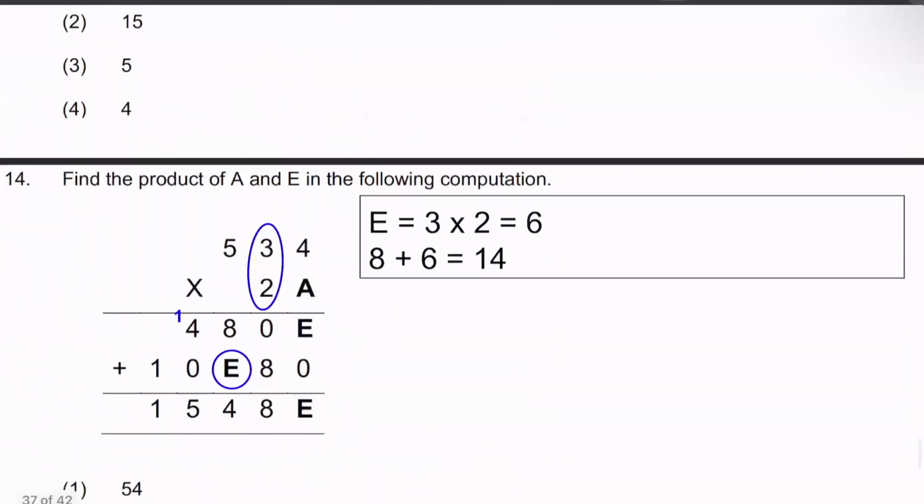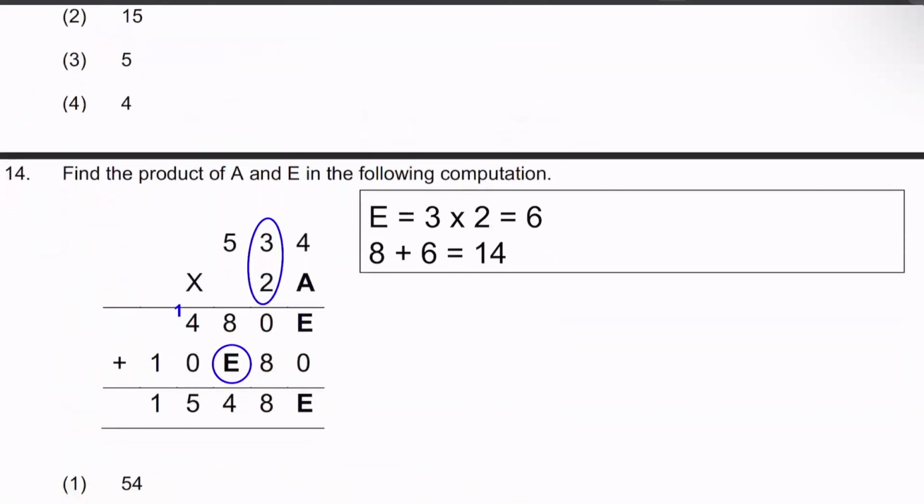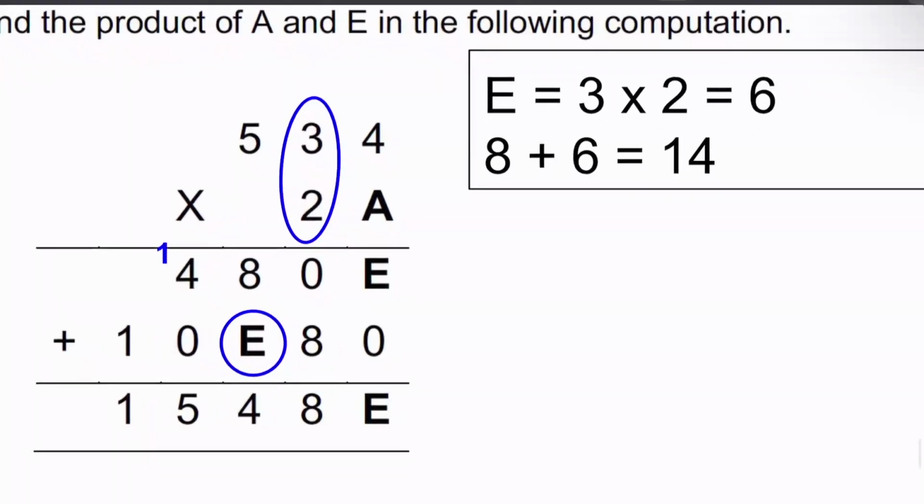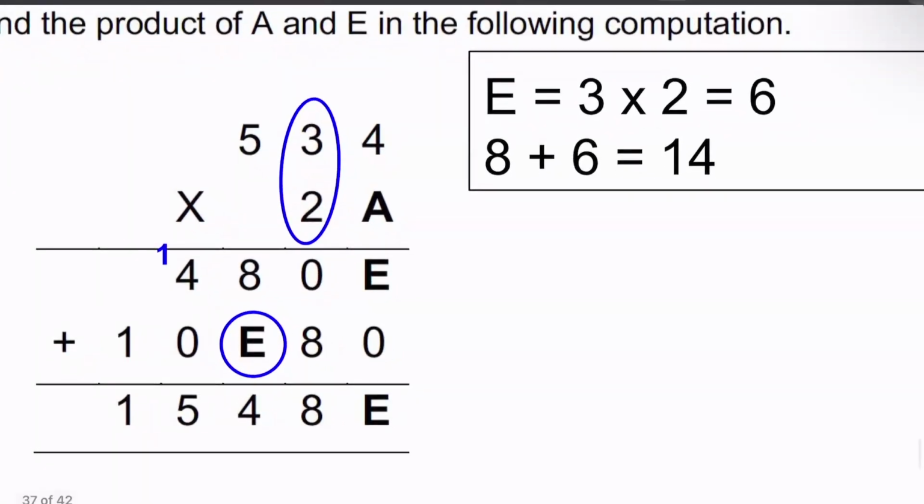Okay, so let's test out our theory. If E is equal to 6, which means that 8 plus 6 must be 14. So I am on the right track, right?